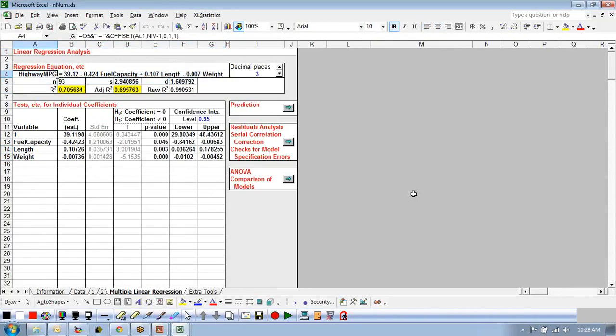There's our regression equation, which, if you look at it, you'll recognize as the one that is also on slide 92.